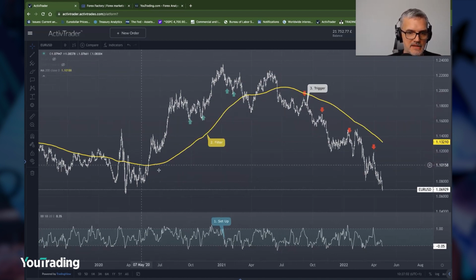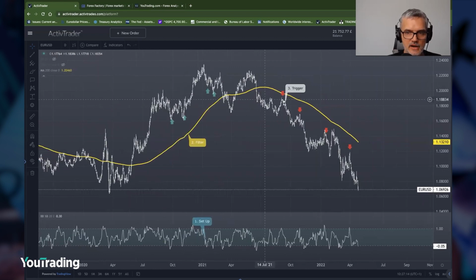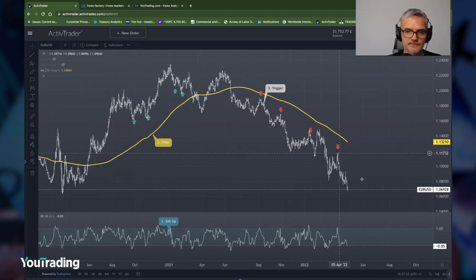We missed out on a lot of the initial price action when it went up and took out some swing highs, but we did take in the tail end of this upper move. On the downside, however, we got in a lot quicker, and we've essentially been trading lower towards the 1.06 and to sweep this swing low here.